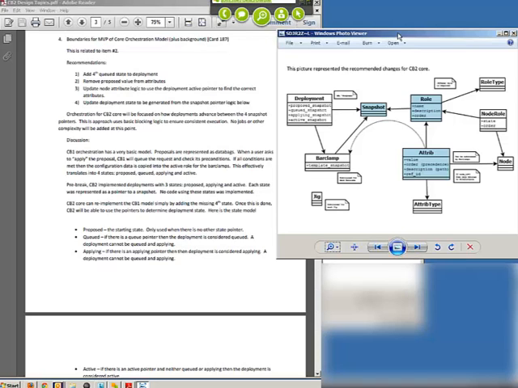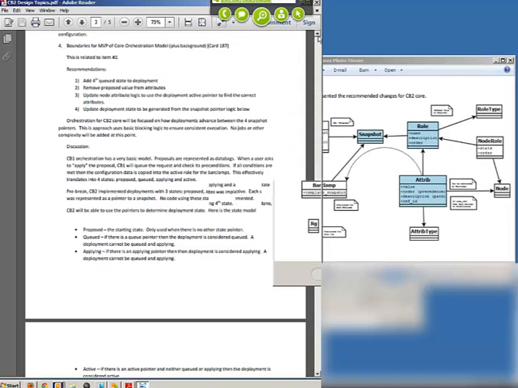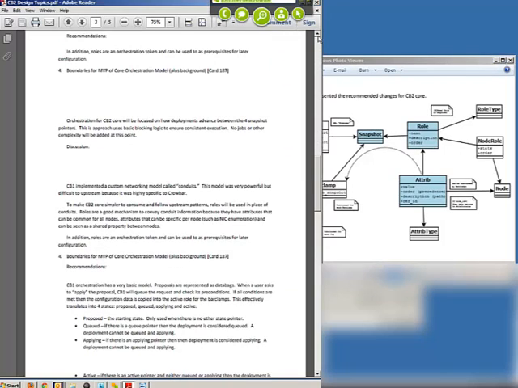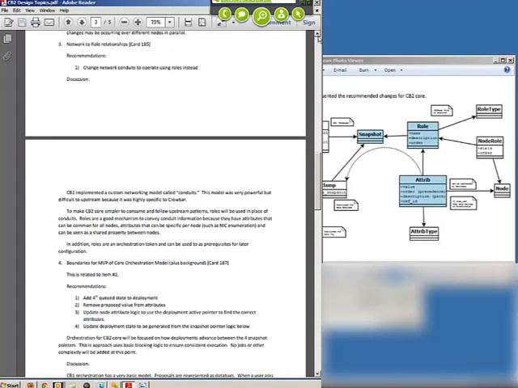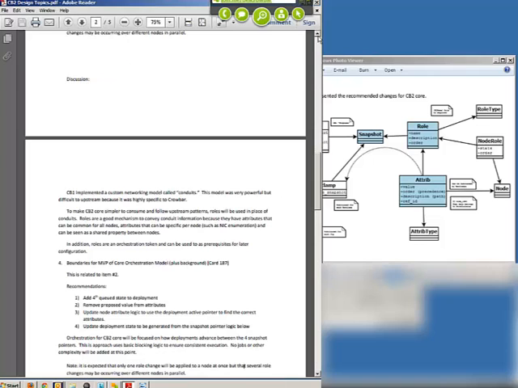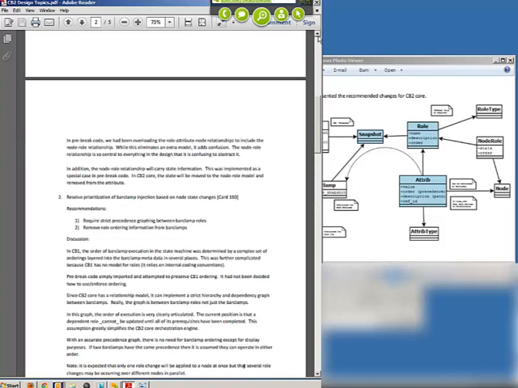No, maybe I missed number 2. No, 3. Go back up, we just finished talking. 3 is the one we missed, I think. 3 is network role to relationships. That's what we just covered. Was it 2 that we missed? Result prioritization of pipeline injection based on nodes. Yeah, I talked about that one too.